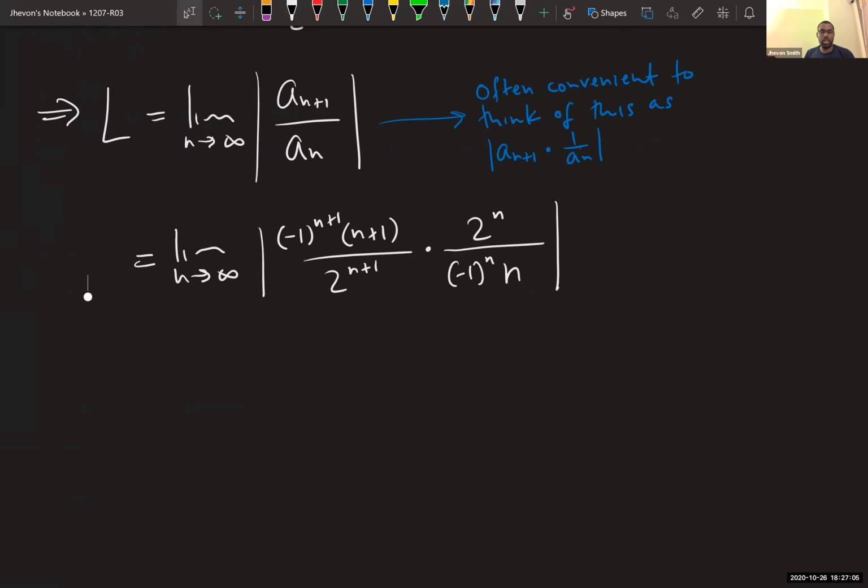Now, there are a couple things that we can do here. So this here is an optional step. But if you find that you're someone who would get confused with all the symbols moving around the place, this is often a very nice thing to do. Group like terms together. So I'm going to put the -1 to the n's together. I can put the polynomials together, and then I can put the exponentials together.